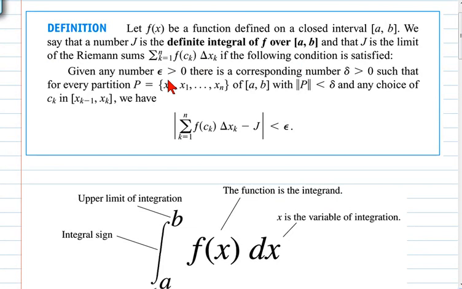Given any number epsilon greater than 0, there's a corresponding delta greater than 0, such that for every partition of that interval, with the norm of the partition, which is the distance, being less than delta, and any other choice of number in that partition, we have the sum minus the limit is going to be less than epsilon. This is the delta epsilon definition of an integral.